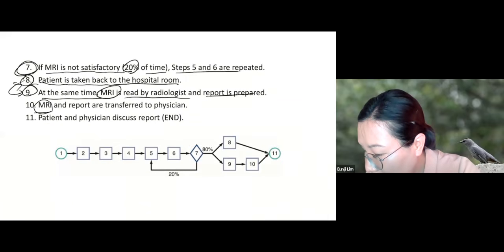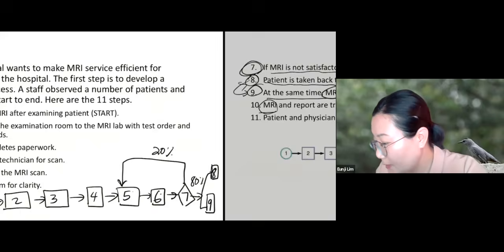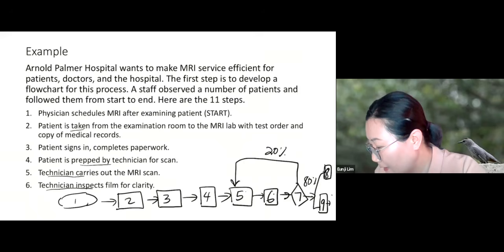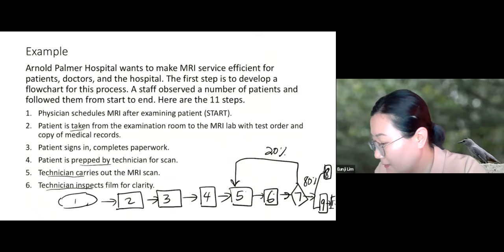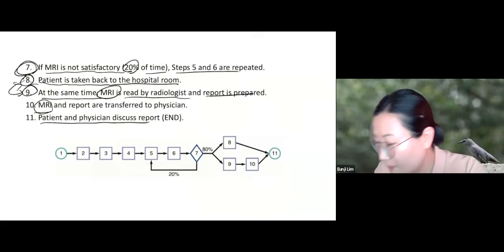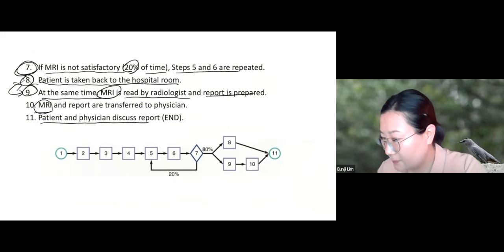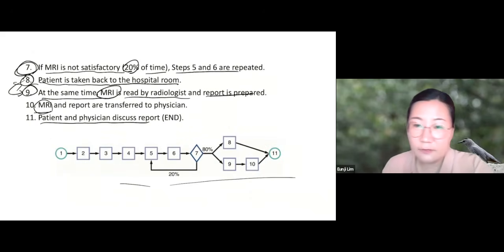And number 10, MRI and report are transferred to physician, followed by 9. And then finally, patient and physician discuss the report. It's the end, right? So after this, we have number 11. So this is the completed flow chart.